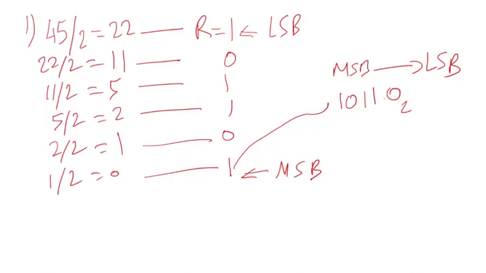Sorry, I left out the 1 here, because there is a 1 here. So in other words, let me go to the next page. I found that 45 base 10 is the equivalent of 1, 0, 1, 1, 0, 1 base 2.